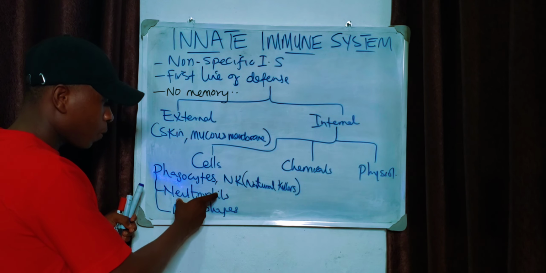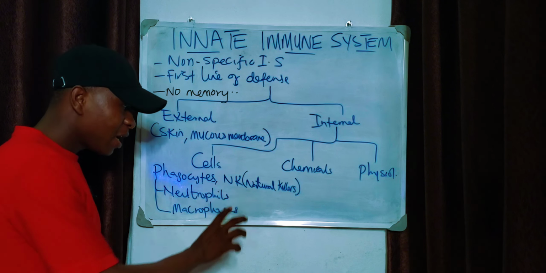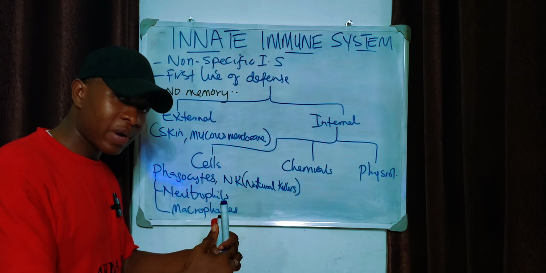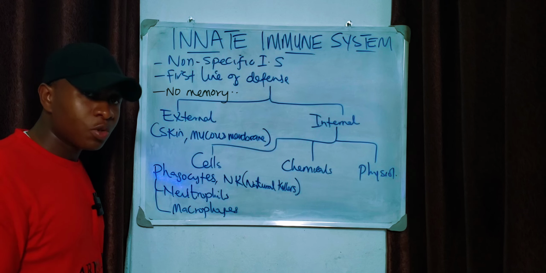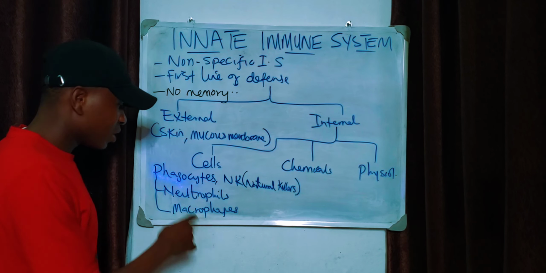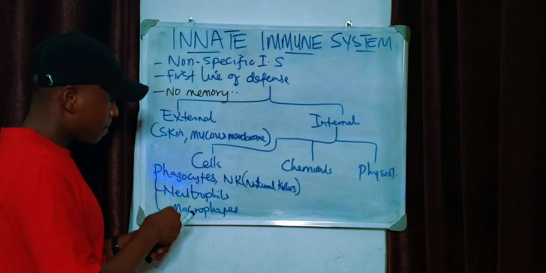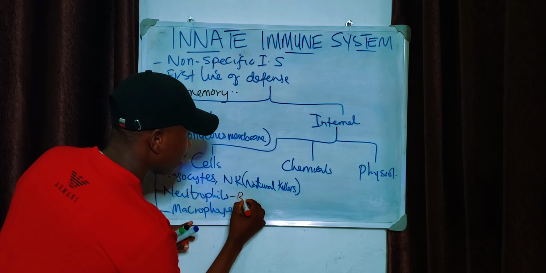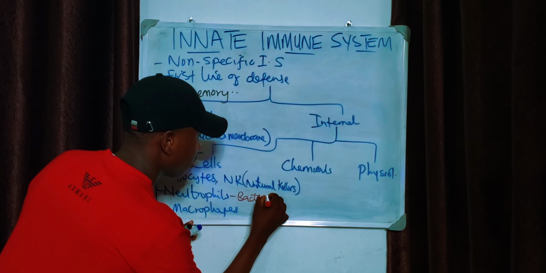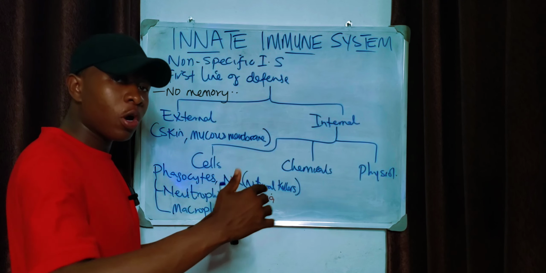This division is done based on the functions they play. They are both phagocytic cells, so they both phagocytose. However, how do they do that? The neutrophil basically phagocytoses bacteria. For the neutrophil, they majorly destroy bacteria.